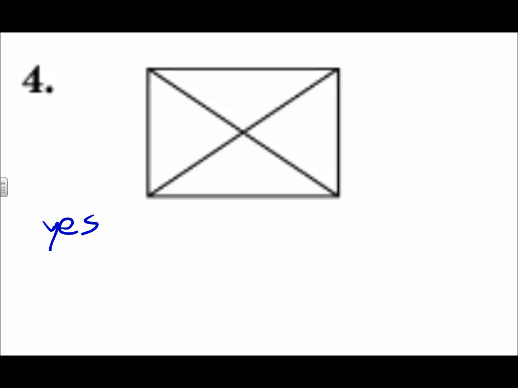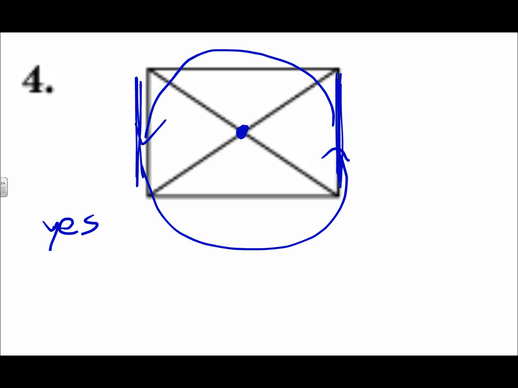The center of the symmetry is the center of this figure. The order is how many times the figure maps onto itself in one full circle. Well, the side starts here. It travels 180 degrees to map onto itself, and then another 180 degrees, and it's right back where you started.